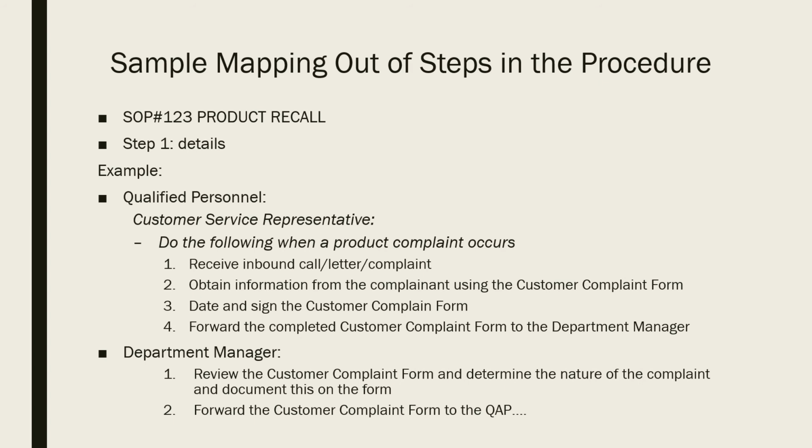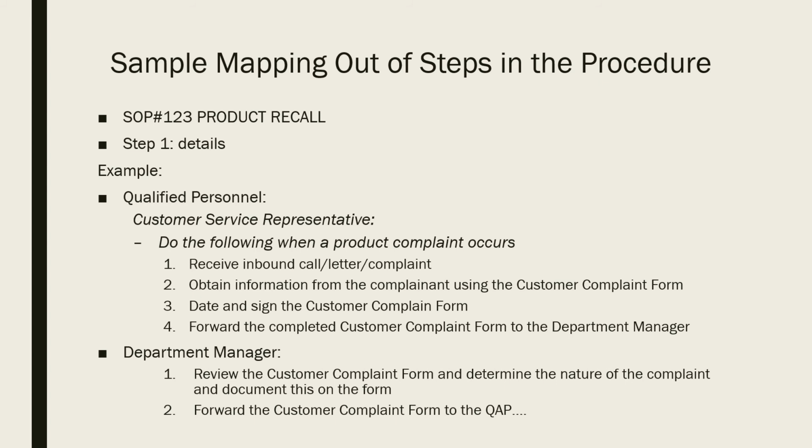Receive the inbound call, the letter, or the complaint in whatever form it presents. Obtain information about the complainant using the customer complaint form. Date and sign the customer complaint form. Then forward the completed customer complaint form to the department manager.